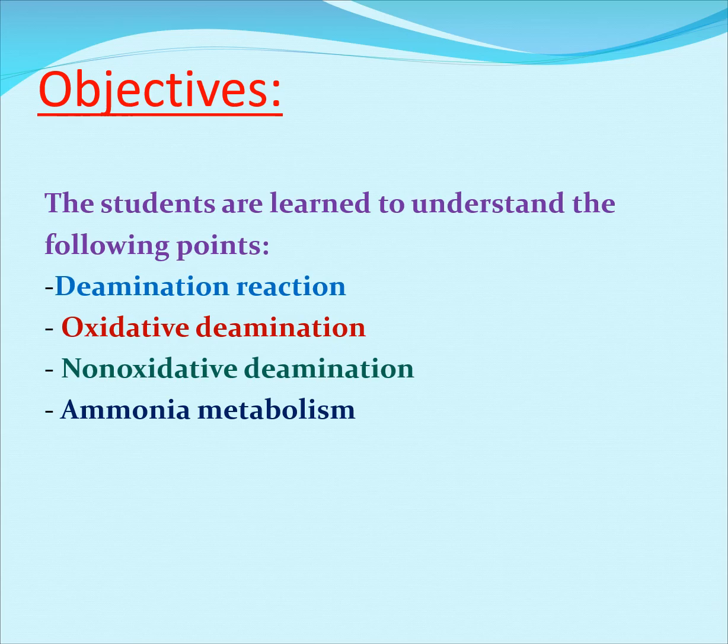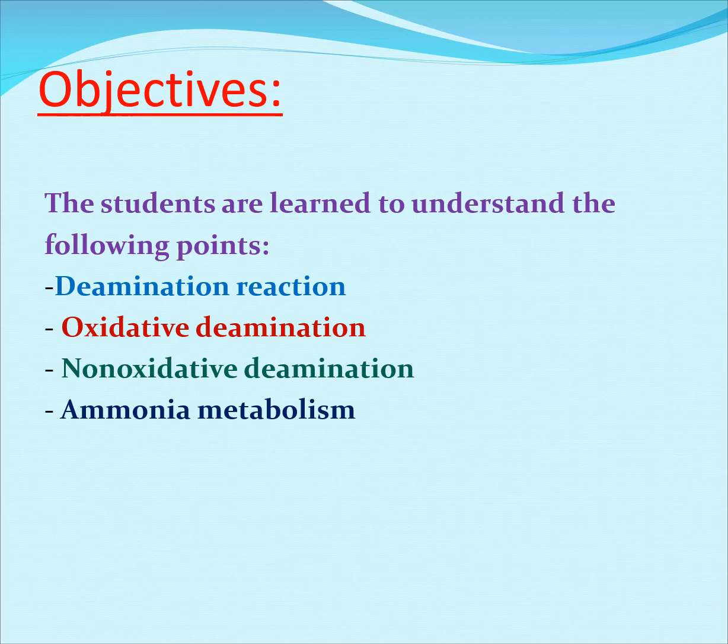This amino acid pool is used for various purposes, sometimes for synthesis of structural protein or for different proteins, sometimes for synthesis of specialized products such as purines, pyrimidines, creatine and others, and sometimes we use this amino acid pool to gain energy. And here we need the catabolic pathway.